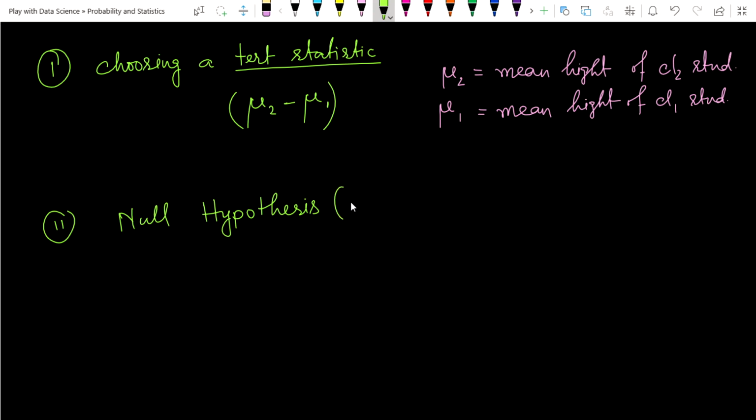Null hypotheses are in general denoted by H naught. In general, the null hypothesis means there is no difference.